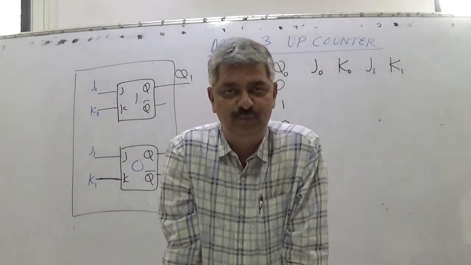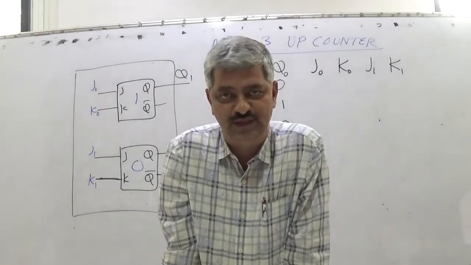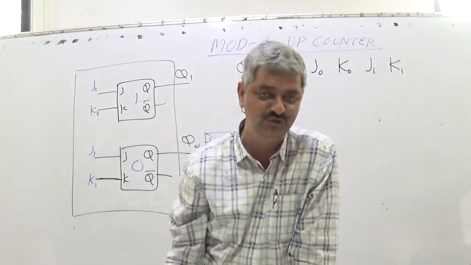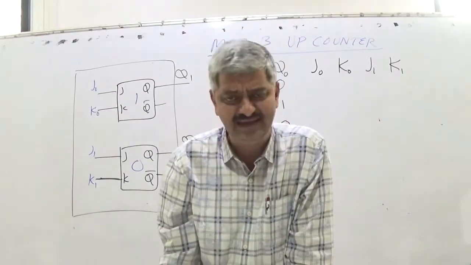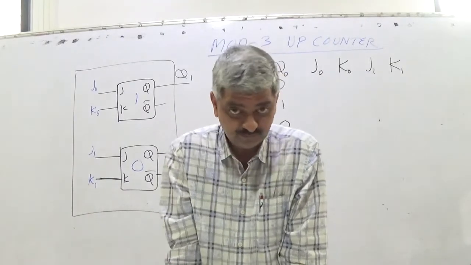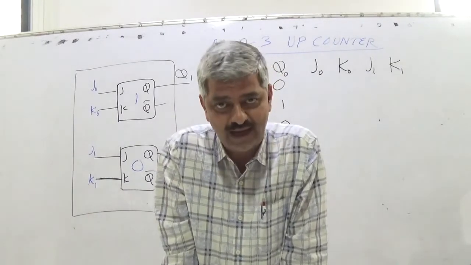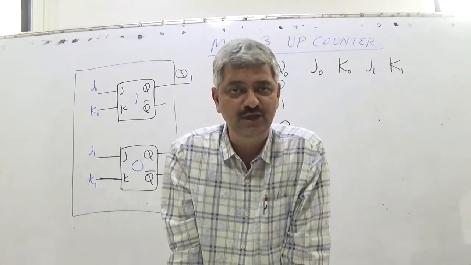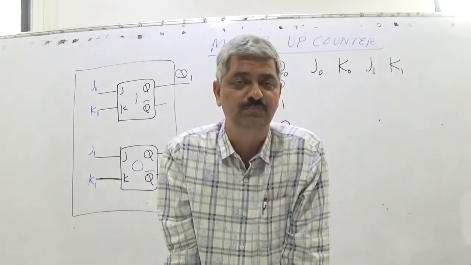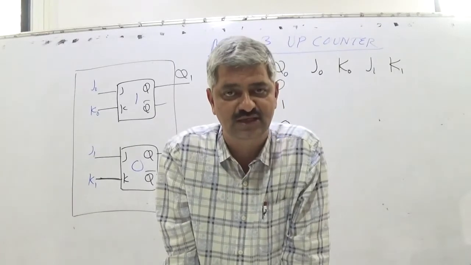I am explaining again with slow speed. Outputs of flip-flops Q1 and Q0, also Q1 bar and Q0 bar, because they are available, so there is no need to put a separate NOT gate, but effectively it is Q1 and Q0 only. So outputs Q1 and Q0 should be used to decide inputs to both flip-flops: J0, K0, J1, K1.